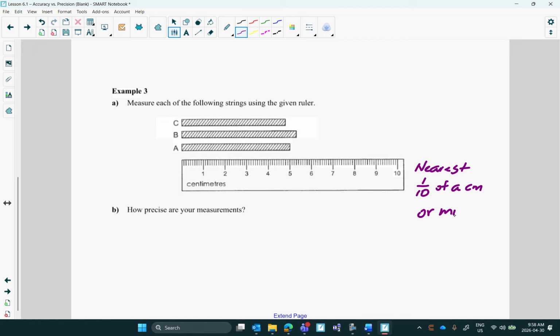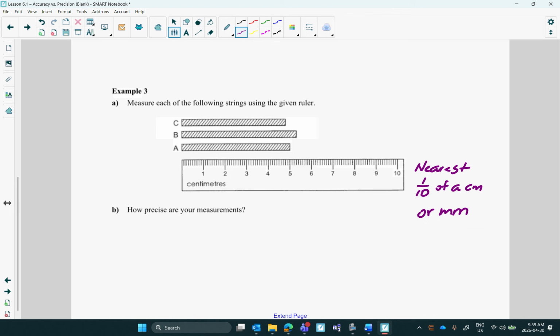Both, you're right, both of those are correct.